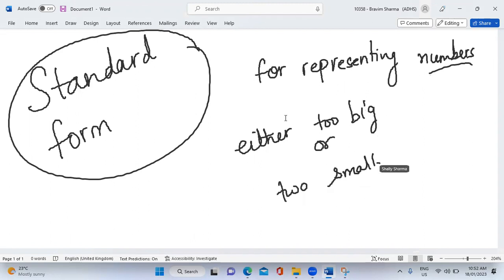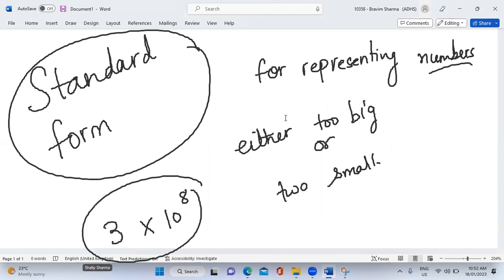For example, if you are science students, or maybe even not, you must have heard about the distance or the speed of light, which is approximately 3 times 10 to the power 8. Here the number is not written in a simple way, like 3 million or whatever the amount is. Here the number is written in a different manner.